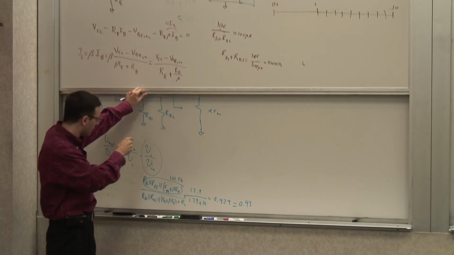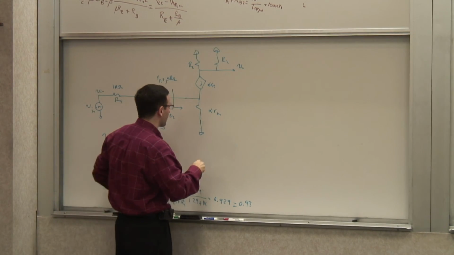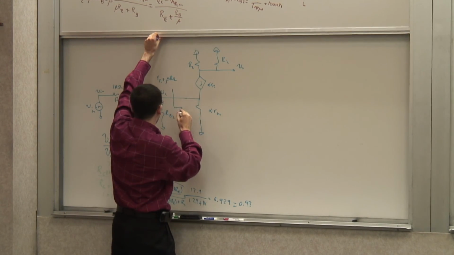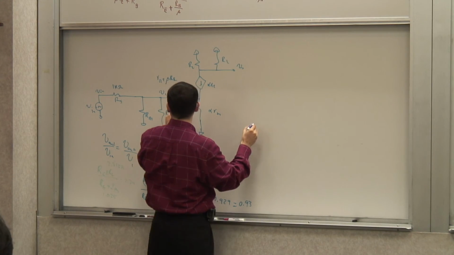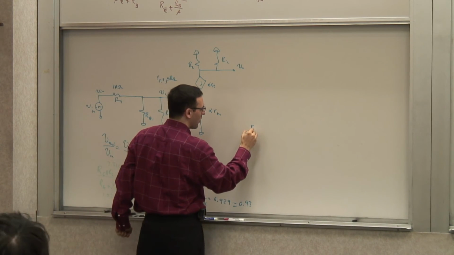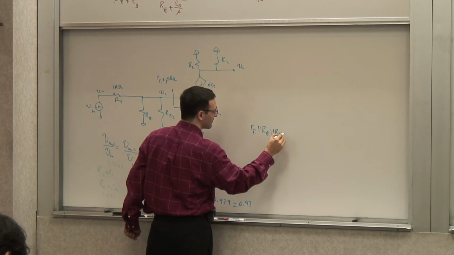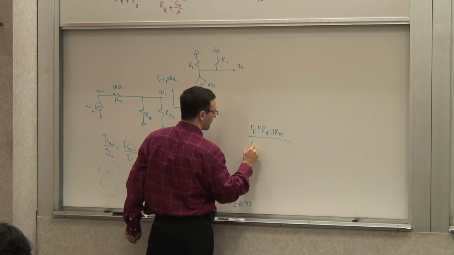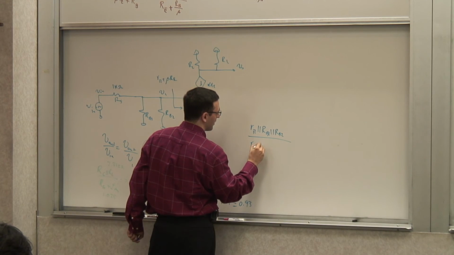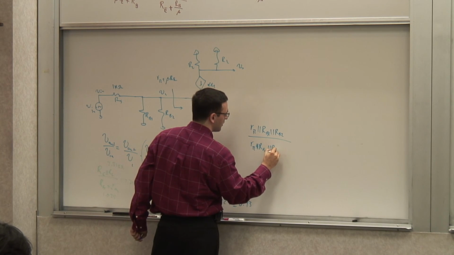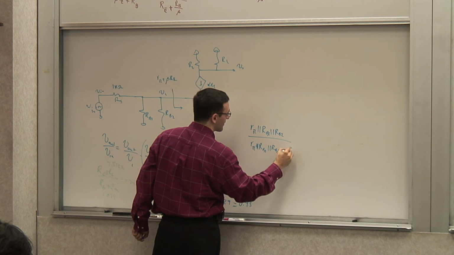So let's do it exactly. In this case, again, the voltage divider ratio is between the parallel combination of these three. Now it becomes R pi in parallel with RB1 in parallel with RB2, divided by R pi parallel RB1 parallel with RB2 plus RS.